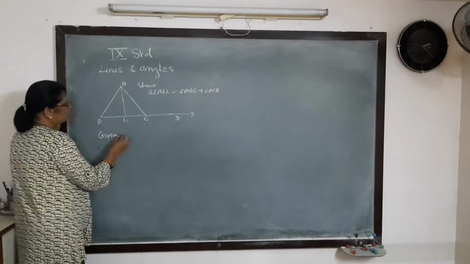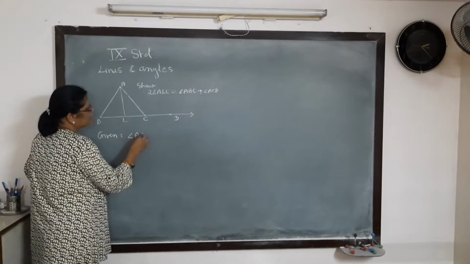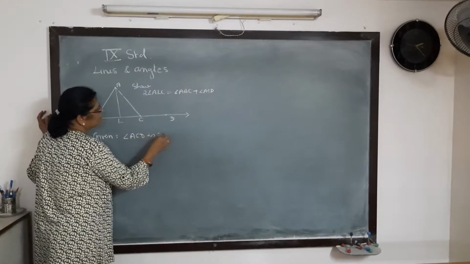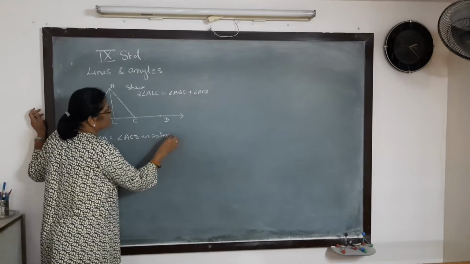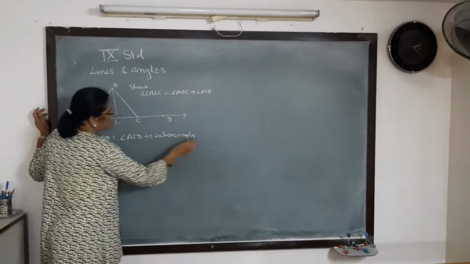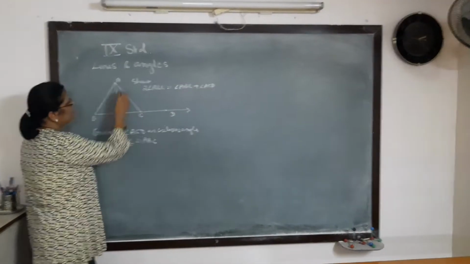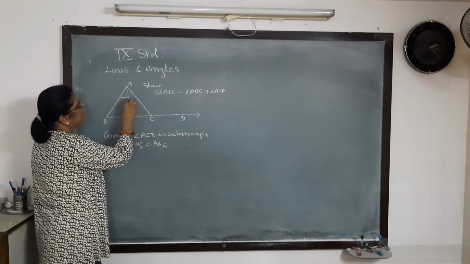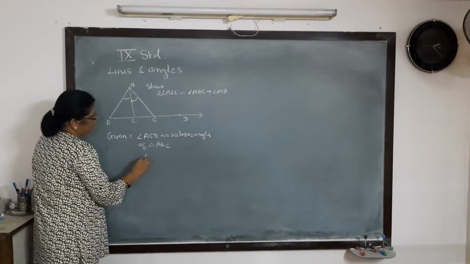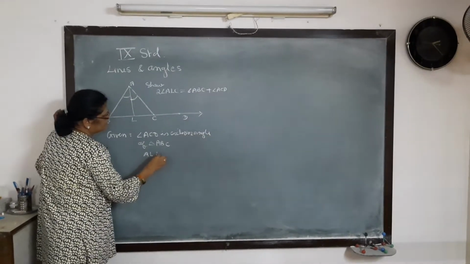So what's given to you? That angle ACD is exterior angle of triangle ABC, and one more data, AL bisects angle BAC.